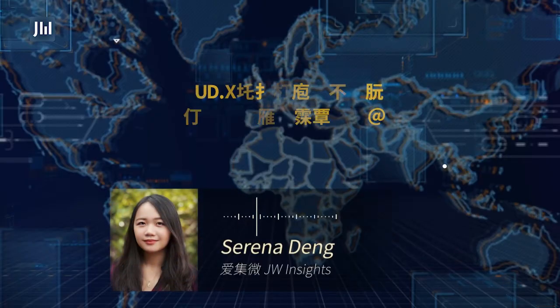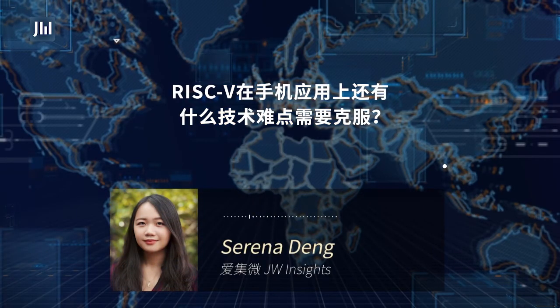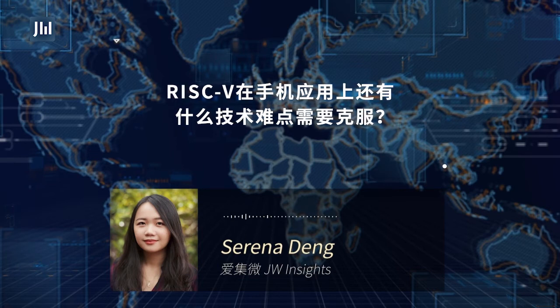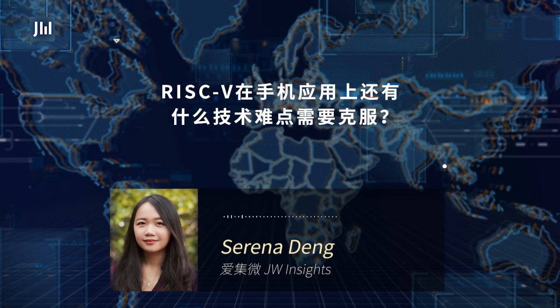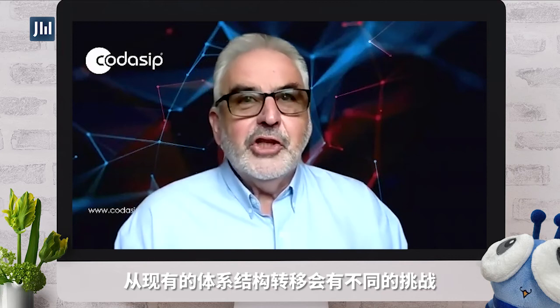What are some technical difficulties yet to be overcome to build a RISC-V ecosystem for mobile applications? There are different challenges in migrating away from an existing architecture. Some are more straightforward, some are more complex. With the mobile phone situation, it is probably one of the more complex cases to move away from ARM.